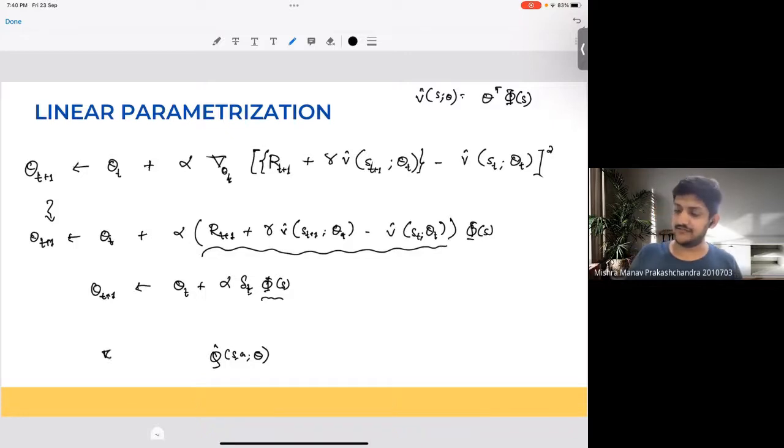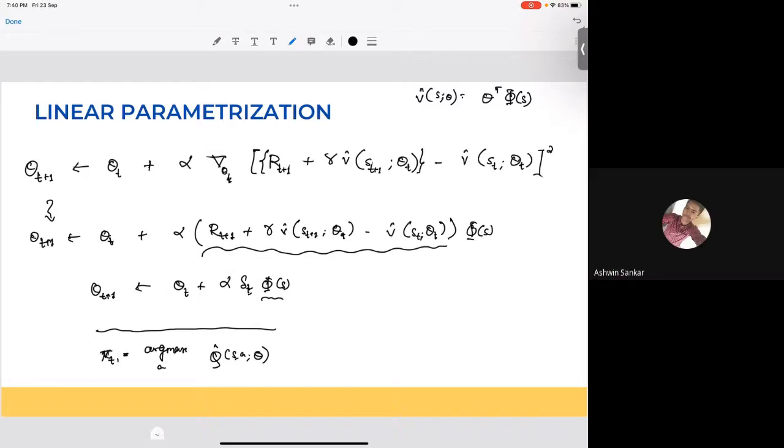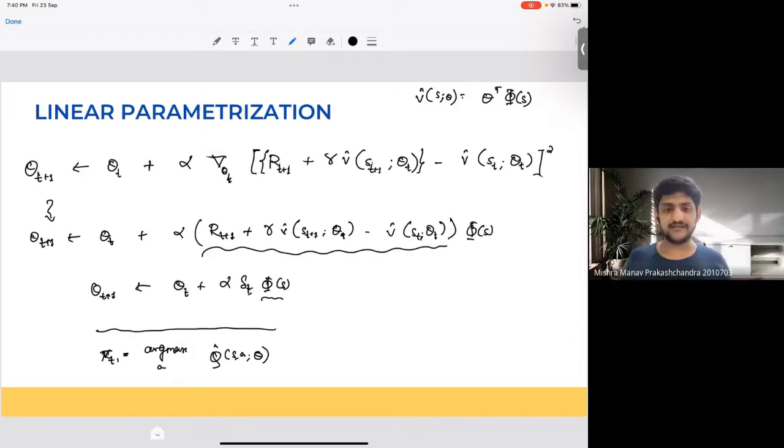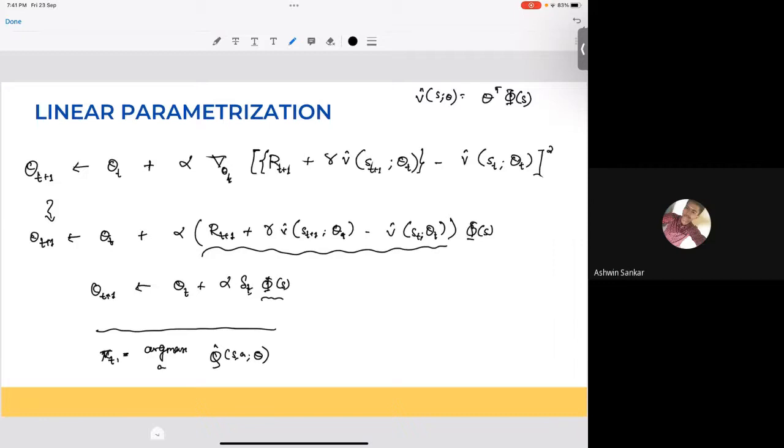And your pi is your argmax over a. Yes. Yeah, you can recover it. In fact, we'll look at the control aspect later in the slides. Okay.